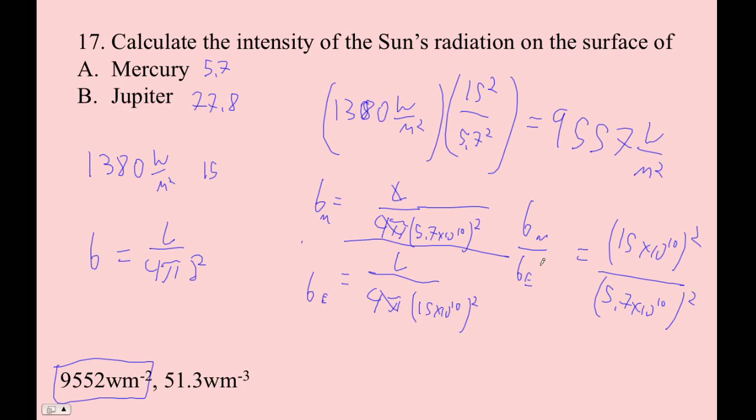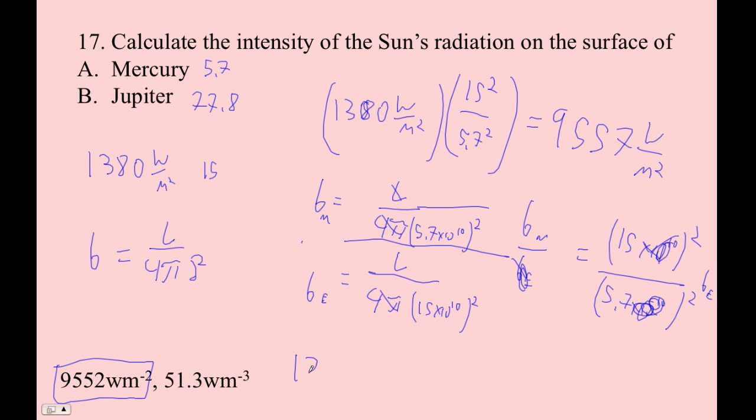That's how you end up with the relationship we did here, because then I can multiply this by the brightness at Earth and you end up with the brightness at Mercury. Notice that the 10 to the 10ths go away, and that's why I can be a little cheeky monkey and just do this. Now let's figure it out for Jupiter.